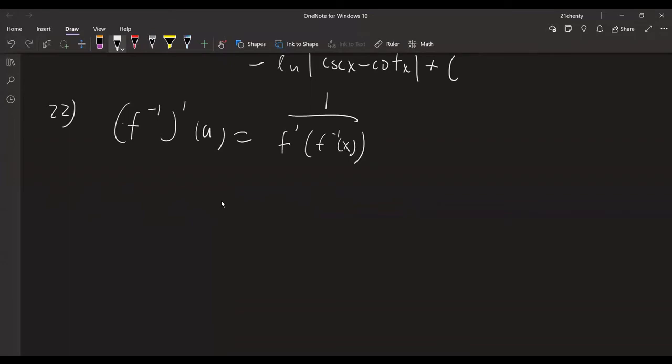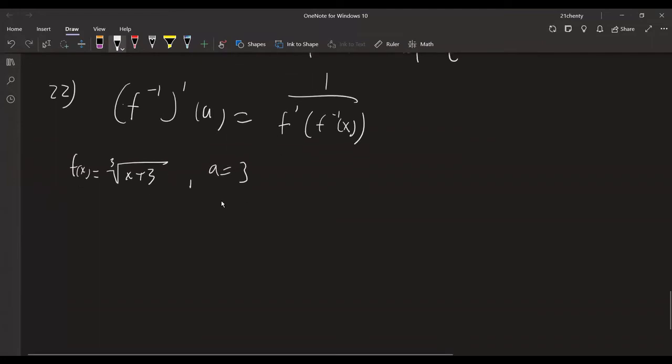So for 22, that means f of x equals cube root of x plus 3, and we're solving at a equals 3. So first part, just find what f prime of x is, and f prime of x is just saying, or I guess we're using a.